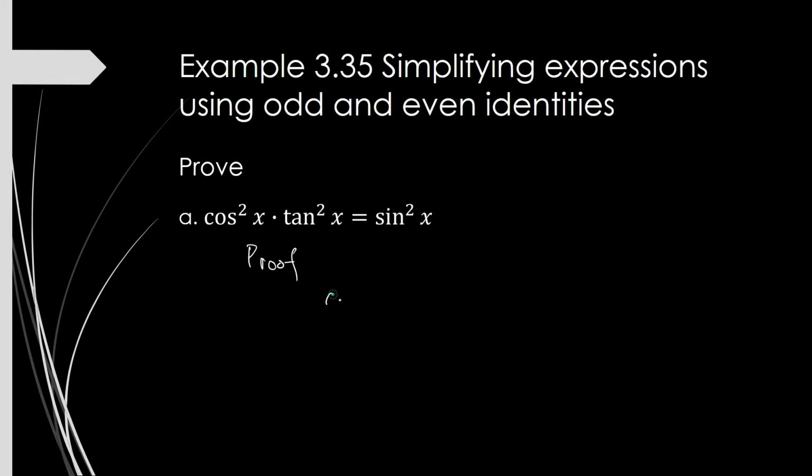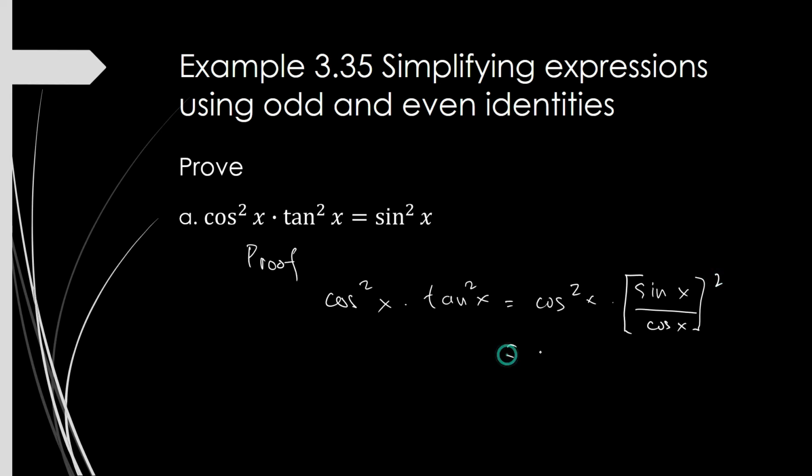The square of cosine of x times the square of tangent of x is equal to, and this is where your fundamental identity will come in. The square of tangent of x is equal to sine of x divided by cosine of x, all of that squared.